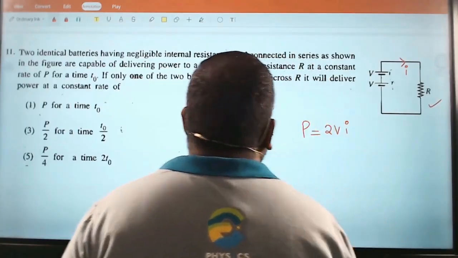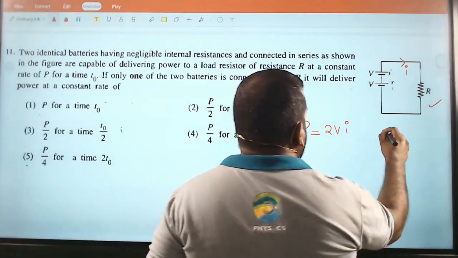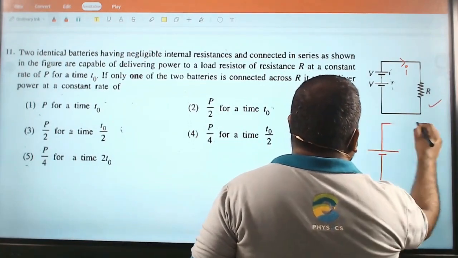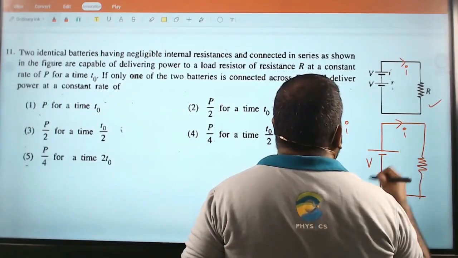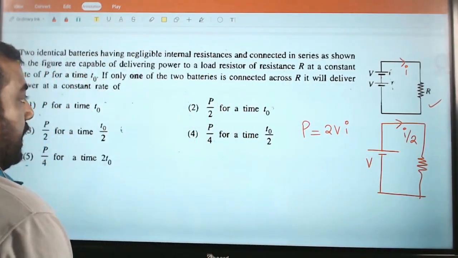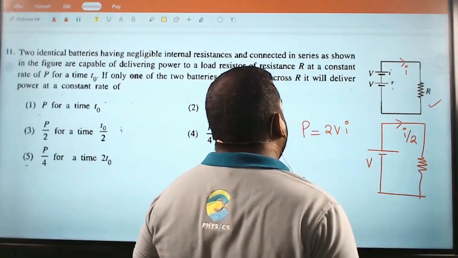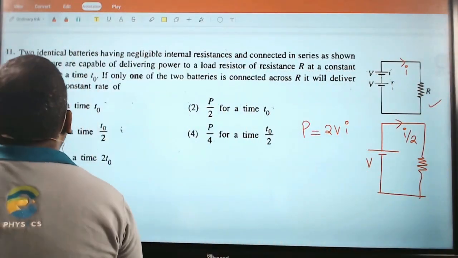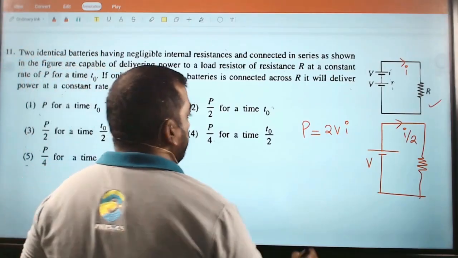Okay. Now, if only one battery is working, the current will be exactly half, I over 2. Here current is I, one battery means I over 2. It will deliver power at a constant rate of, right, what will happen?